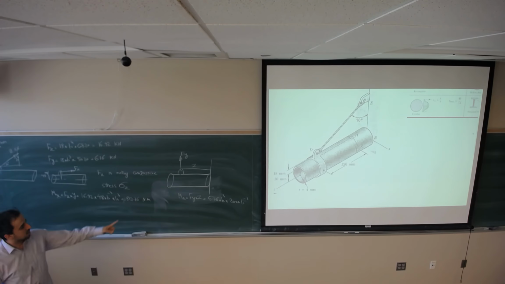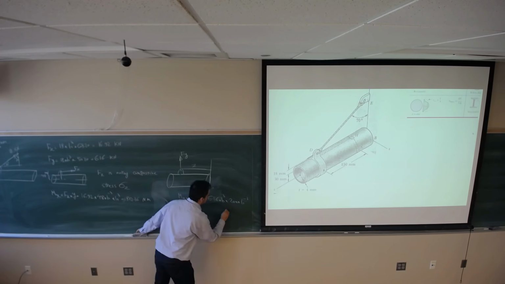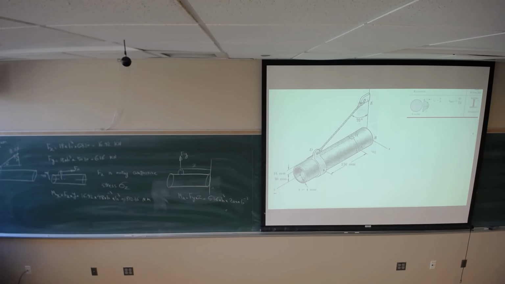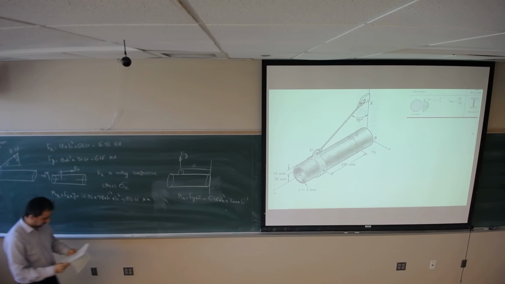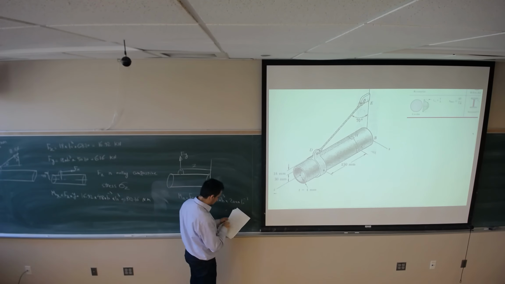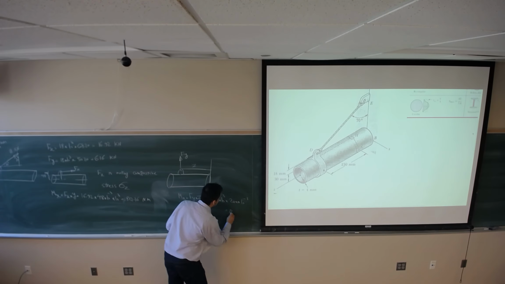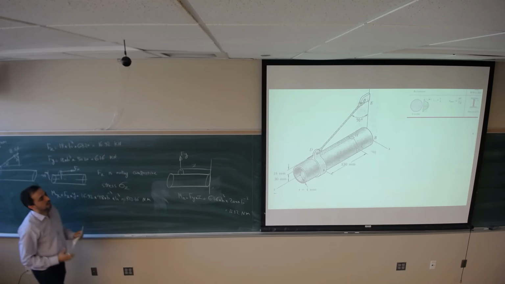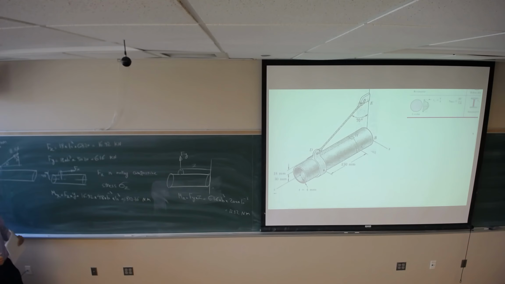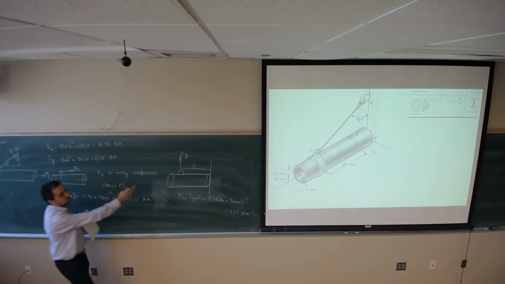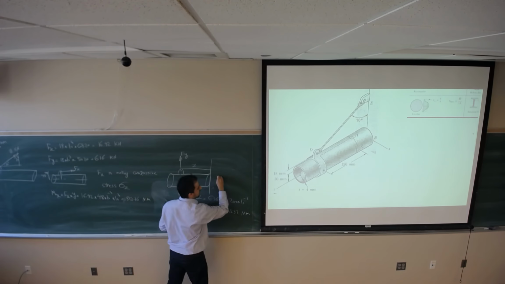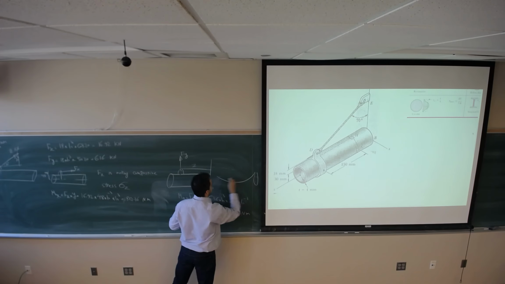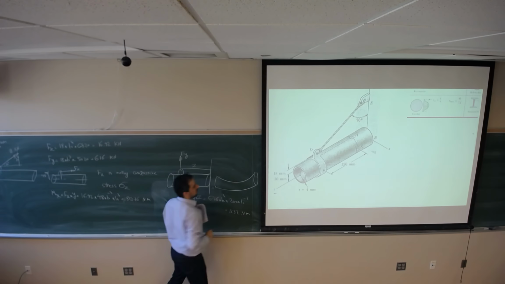All right, it's going to give me 1232 Newton meter. Can you see that this force times this distance is making a bending moment, bending the pipe in this direction?